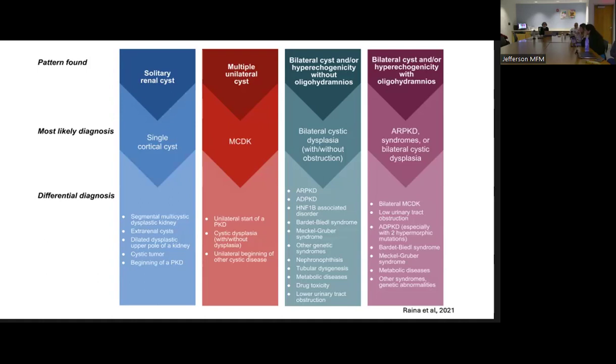There are a number of other genetic syndromes, which I list at the end, which is not even all encompassing. Tubular dysgenesis, metabolic diseases, drug toxicity, and LUTO. And then when you are thinking about bilateral cysts with oligo, you're thinking autosomal recessive polycystic kidney disease syndromes or bilateral cystic dysplasia, but your differential includes everything that we just went over on the prior differential.